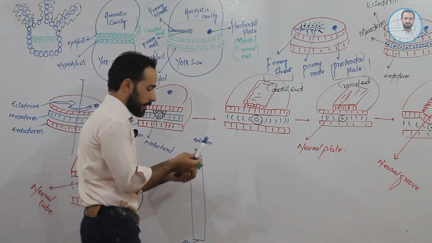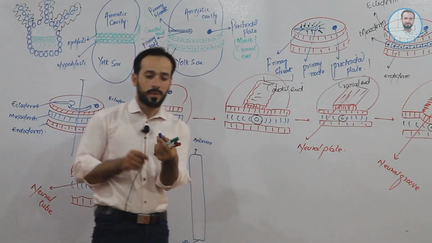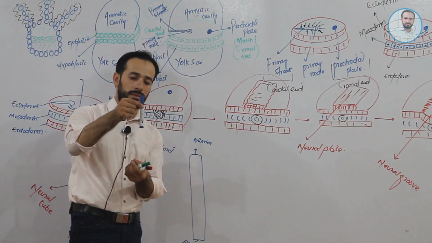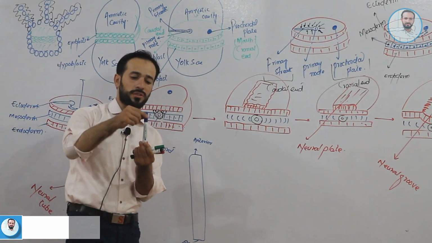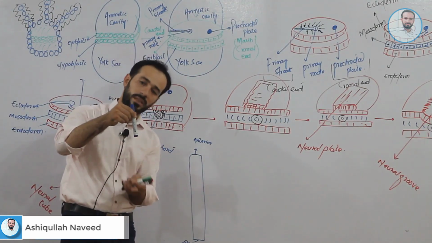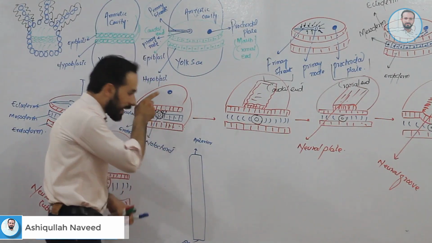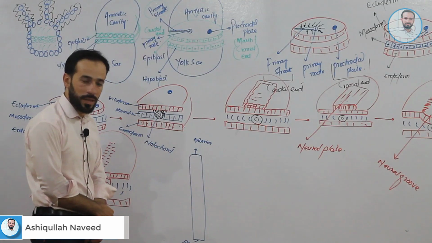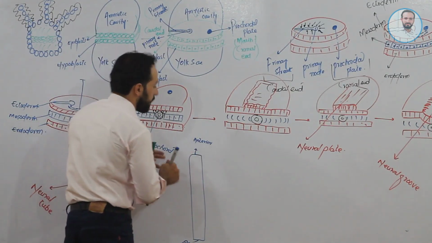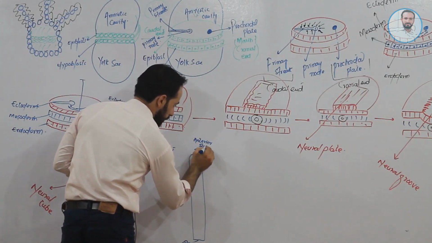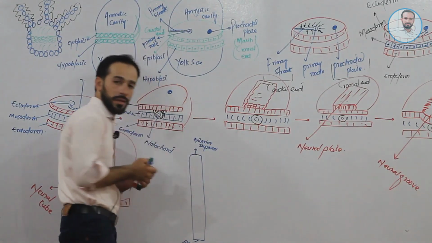Clear? So this was our tube. This is the anterior, so this is now the superior end, and this is the inferior end, right? So what will happen, friends? Look carefully. What will happen at the anterior part, or the superior end?